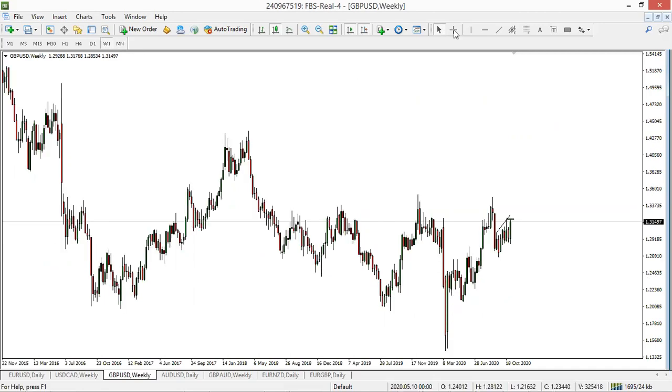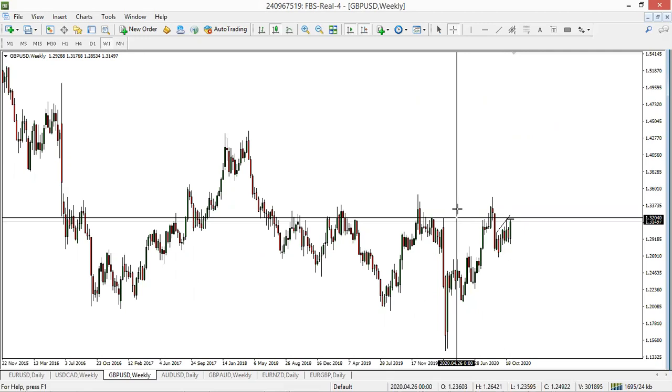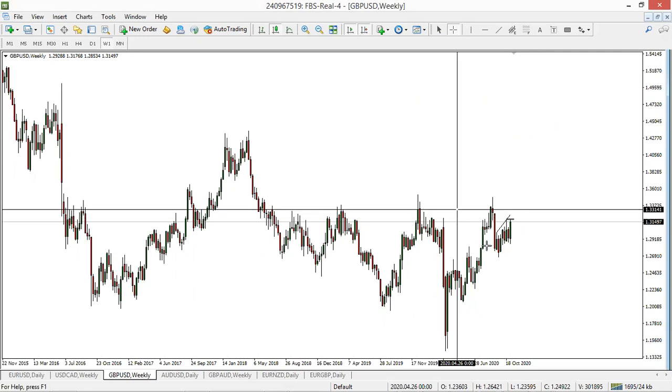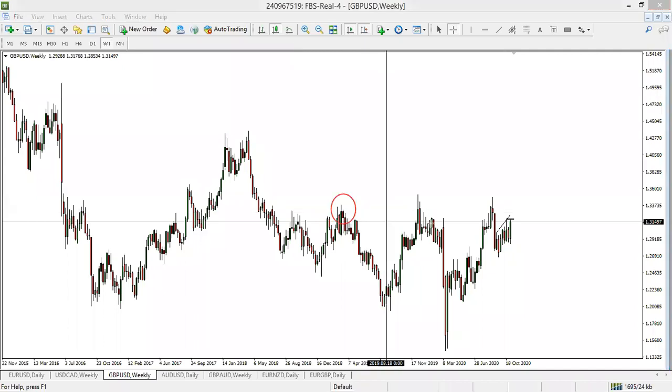So we break it down to the weekly. Since price is consolidating on the monthly, we should expect further consolidation on the weekly also, since we are trying to break it down. And from these levels, this is a key. This is just telling us that this is a good resistance for this price.